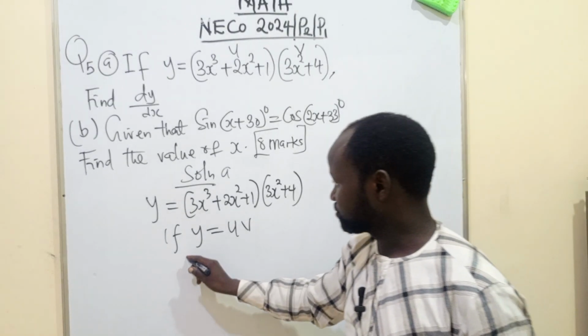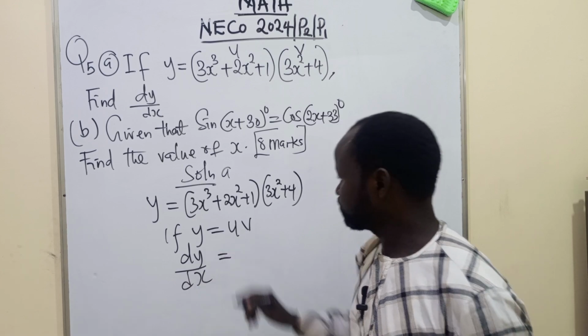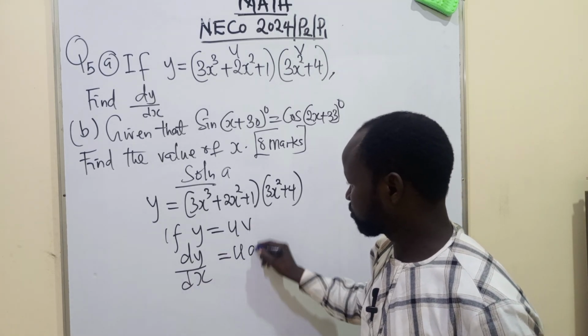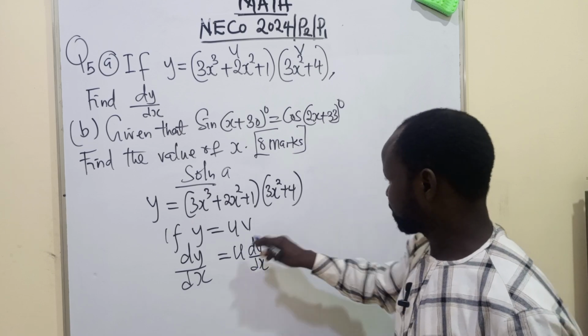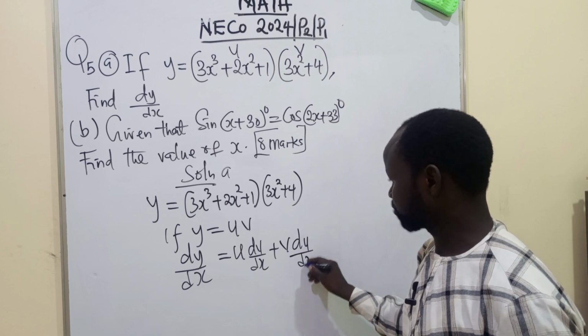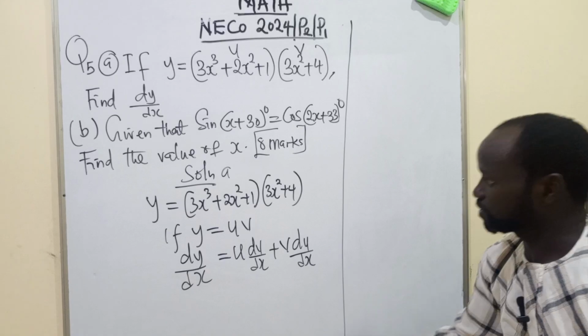So dy/dx will be equal to: we keep u, we differentiate v, that is dv/dx, plus we keep v, then we differentiate u with respect to x. This will be the formula for the product rule.